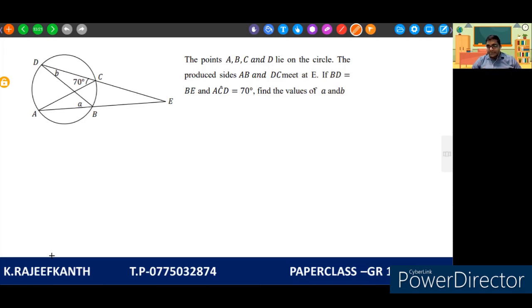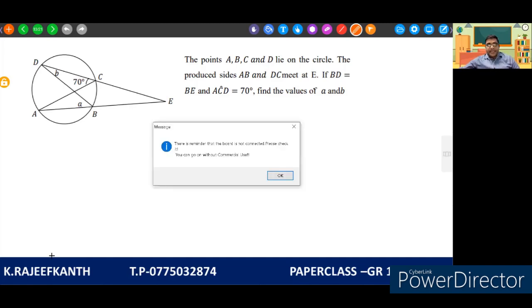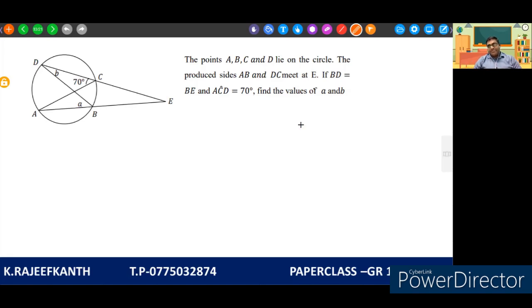So we can use isosceles theorems also. And also we can use angles in the same segment, because there are so many arcs, there are 4 arcs. So by using that, we can find the answer for a and b. Right. Have you all finished?